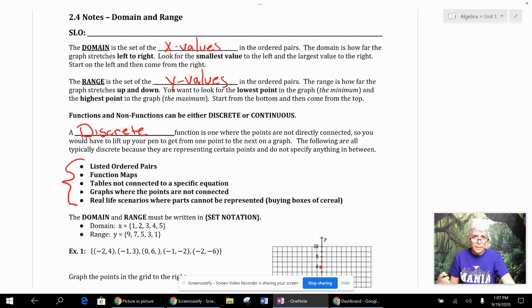Tables, like a table that has a column of X and a column of Y. Those are typically discrete unless it's associated with an equation. Graphs where the points are not connected, and then real life scenarios. For example, buying a box of cereal. I can't go to the store and buy 1.3 boxes of cereal. So it's one box, 2 boxes, 3 boxes.